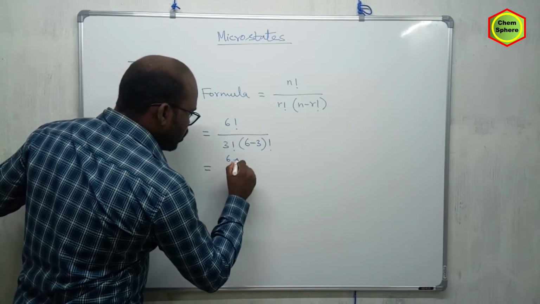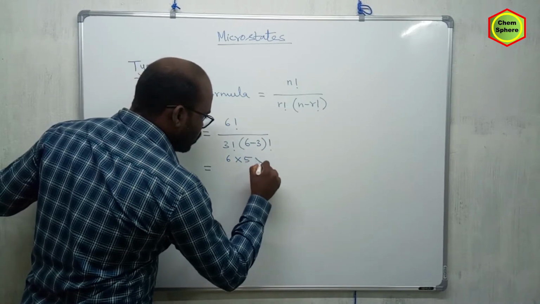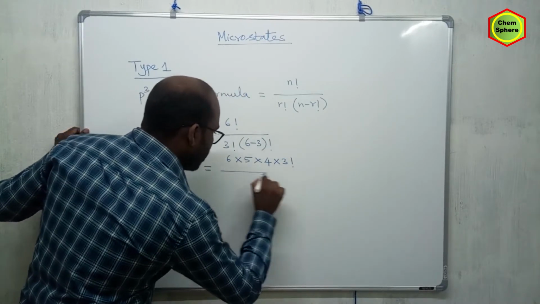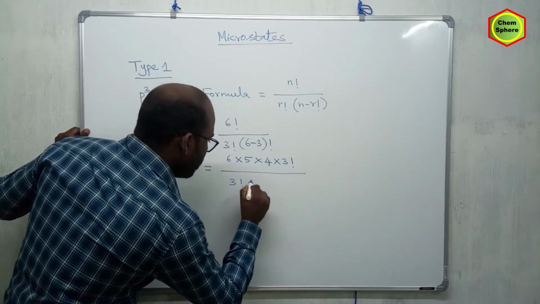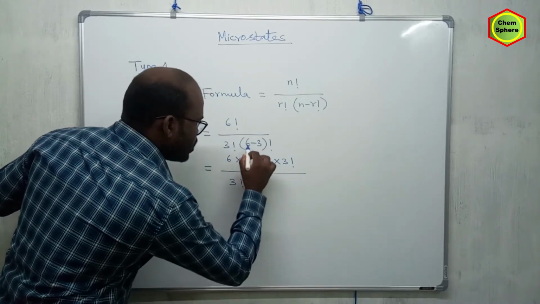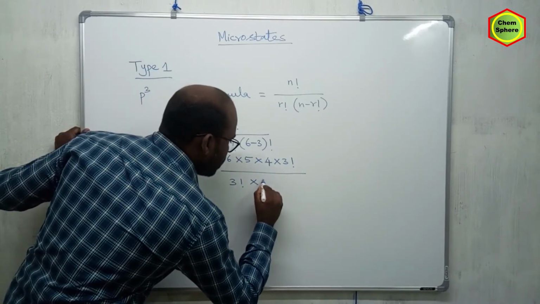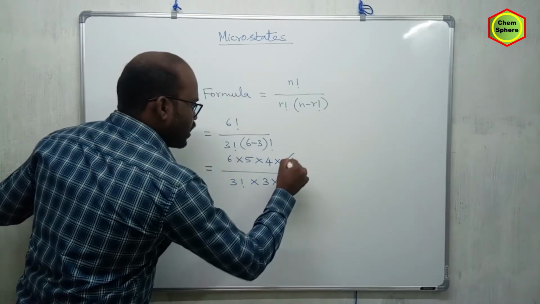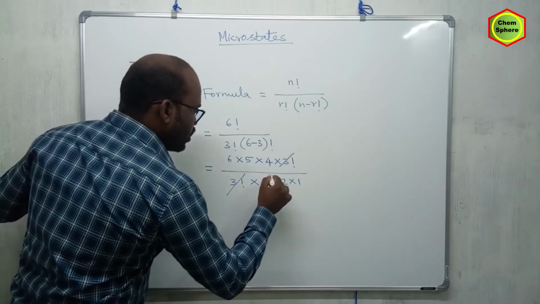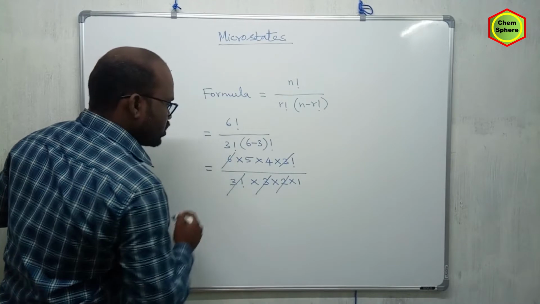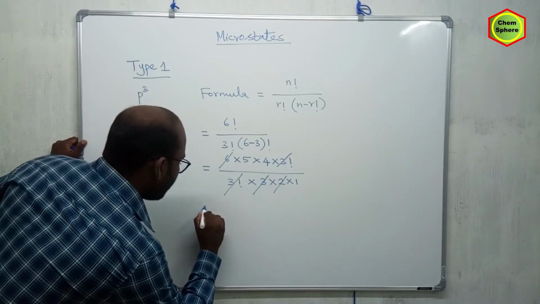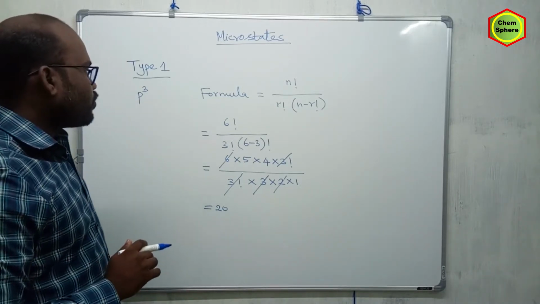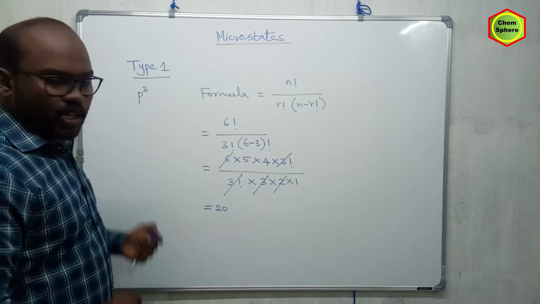Now 6 into 5 into 4 into 3 factorial divided by 3 factorial into 3 into 2 into 1. Cancel 3 factorial and then cancel this 3 2 for this 6. So 5 into 4, 20. 20 is the answer. 20 is the total number of microstates for this particular electronic configuration.